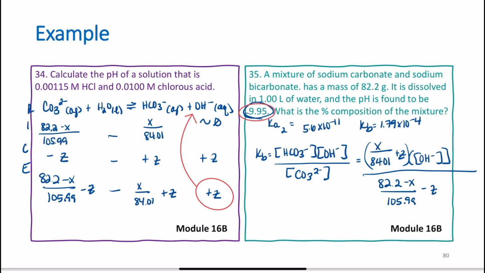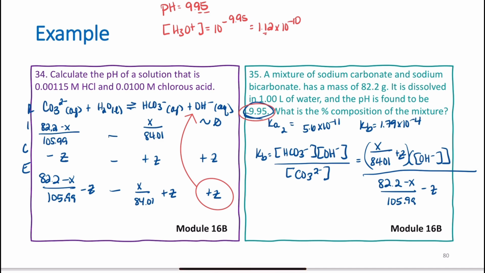I know that the pH is equal to 9.95, which means you can go through pOH if you want. I did not in this case. I don't have a calculator in front, so I got to write down what I already wrote down beforehand. But this means that my H3O plus concentration is 10 to the negative 9.95, which equals 1.12 times 10 to the negative 10.